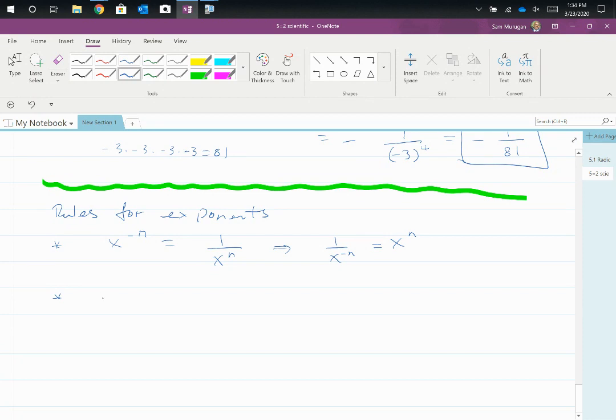The product rule says if we're multiplying x to the power m by x to the power n, we would add the exponents. The quotient rule says if we're dividing x to the power m over x to the power n, we would subtract the exponents.